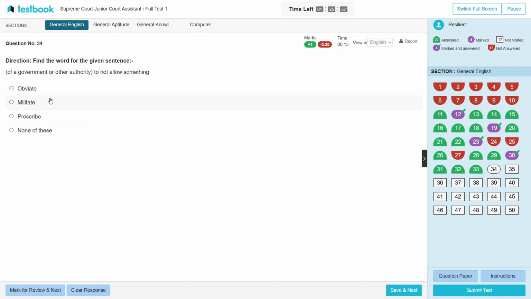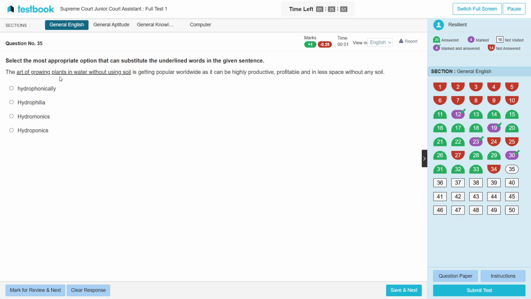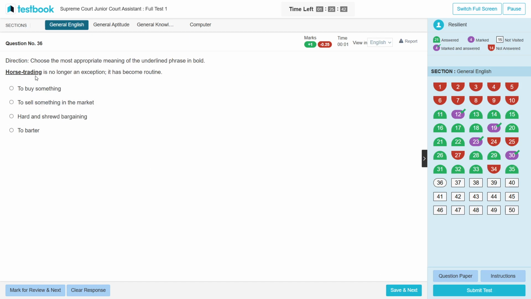Vegetate or create. The art of growing plants in water without using soil: hydroponics. Horse trading is no longer an exception, it has become routine. Horse trading.